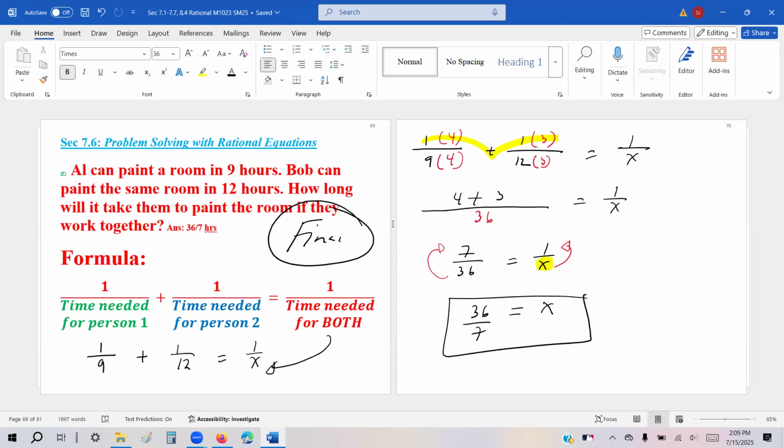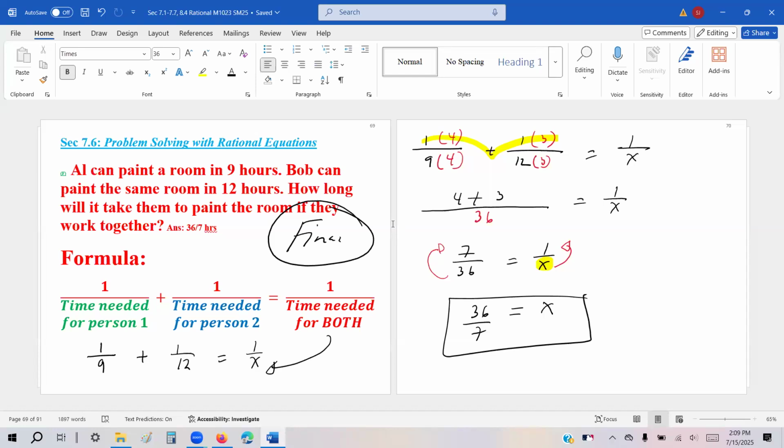Anytime you have more things working together, just remember the formula: 1 over person 1, plus, always plus, 1 over person 2, plus 1 over person 3, whatever time we need for each individual person or each individual pipe.